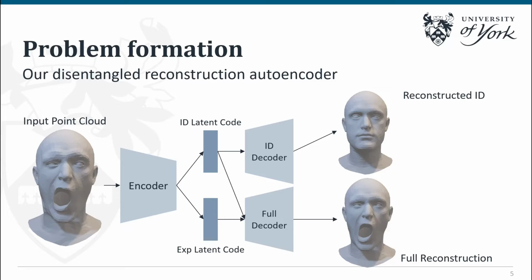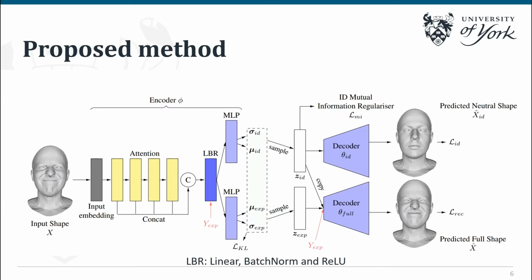That means we extract two sets of latent code at the same time, with each individual latent code representing identity or expression separately. And we have two decoders to reconstruct the corresponding 3D neutral faces and the input at the same time. This is the architecture we propose.